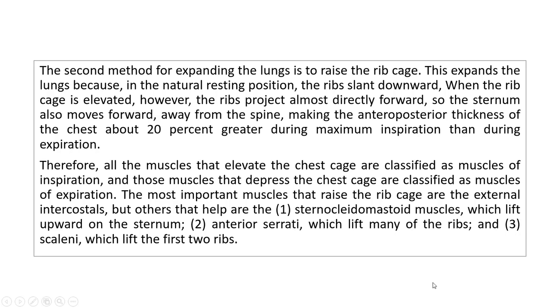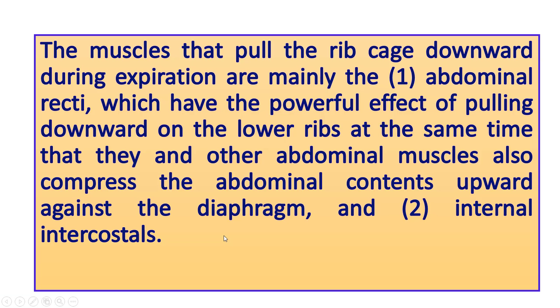These are the muscle functions during respiration. The muscles that pull the rib cage downward during expiration are mainly the abdominal recti, which have the powerful effect of pulling downward the lower ribs, at the same time that they and other abdominal muscles also compress the abdominal contents upward against the diaphragm and intercostal muscles.